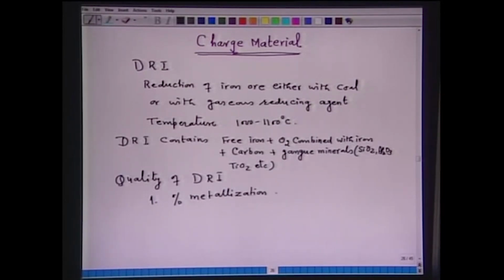And this percent metallization is equal to free iron upon total iron into 100. That is one important characteristic of DRI before it is considered to be used as a substitute of scrap in electric arc furnace.